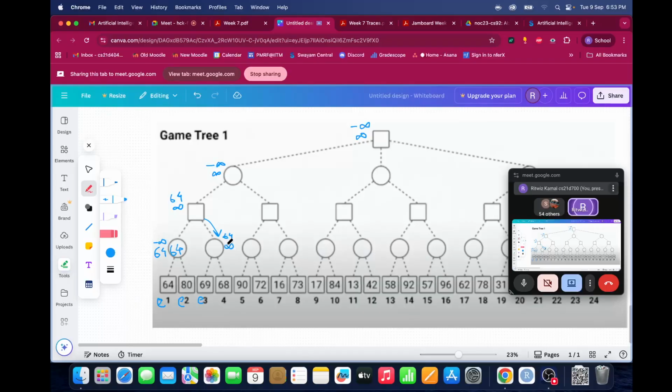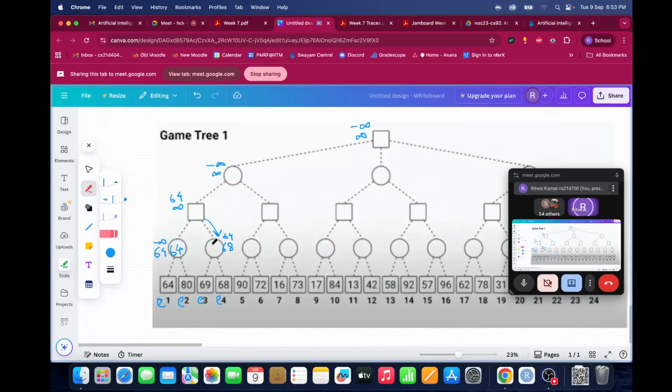Will it get updated? And what will get updated? Beta. Infinity will be updated with 69 first, because E3 is returning 69. Okay, and with this 64, 69, we will have a look at this E4, which is returning 68, which is lesser than 69. So this 69 will get updated to 68.